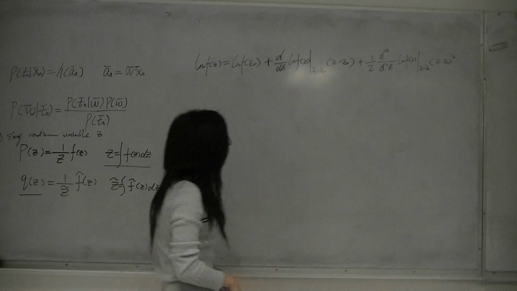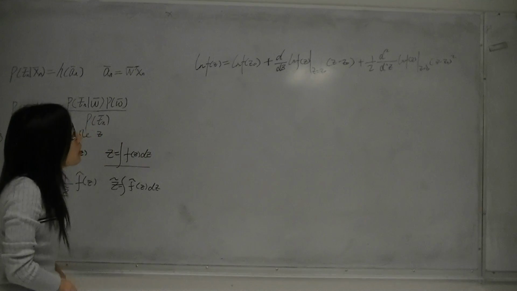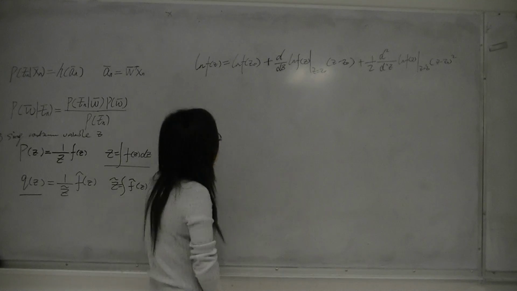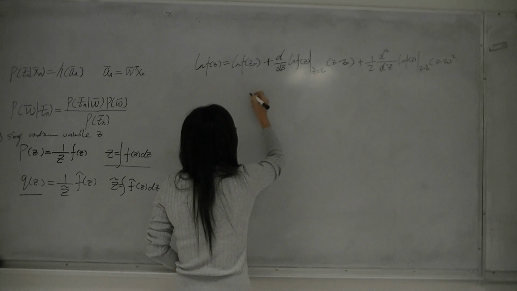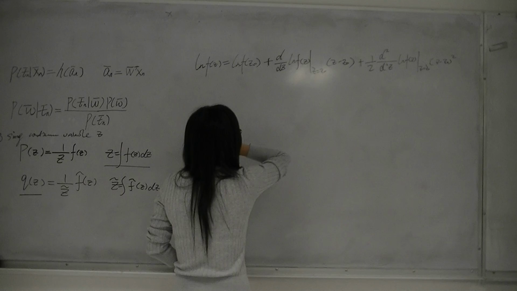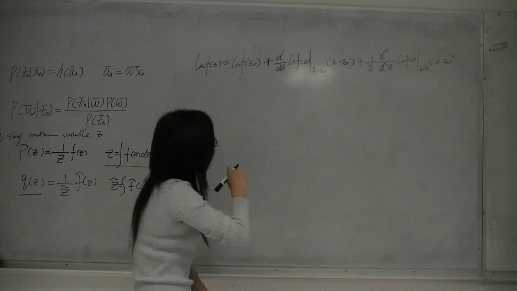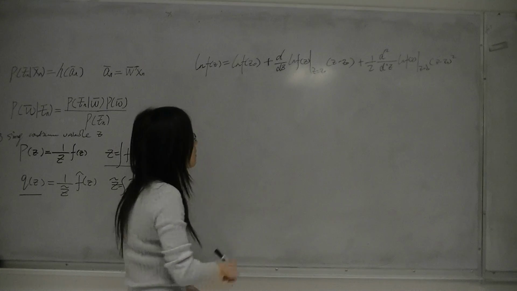We only consider the first three terms of the Taylor expansion, and here we have to choose the point z_0.